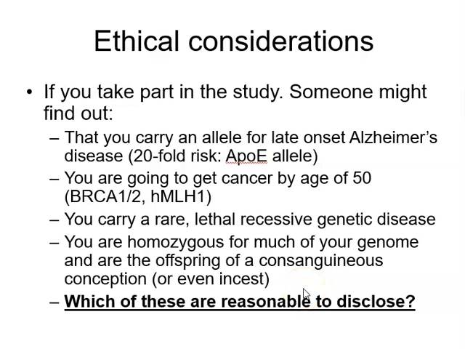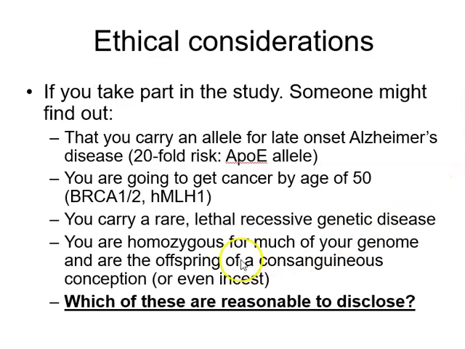Something that could come up on this is you could turn out to be homozygous for much of your genome. It could mean that you are the offspring of a very close consanguineous relationship, maybe offspring of cousins, perfectly legal. However, in that situation, if you carry a rare lethal recessive genetic disease, the chance of your cousin carrying that could be 1 in 8, and therefore, the chances of a child having this disease could be really quite high.